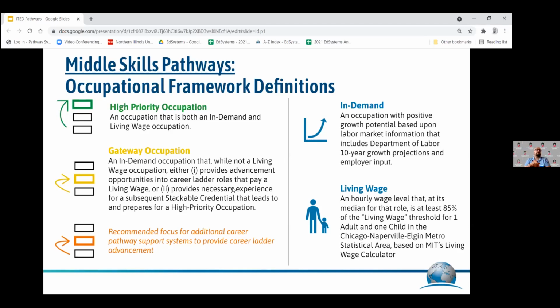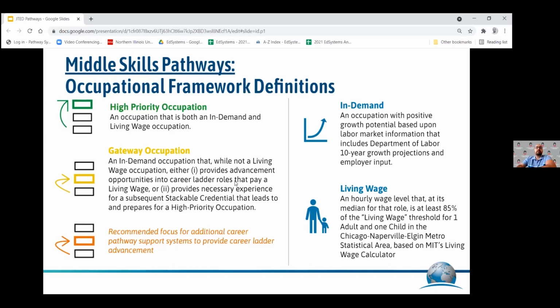So an example of this was certified nursing assistant, right? There's always a demand for certified nursing assistants, but they don't earn much. But we felt that starting as a nursing assistant was worthwhile because it introduced you to the career trajectory of a nurse. And it's something you should definitely be exploring and confirming for yourself if someone wants to continue on that pathway. And it was a very common occurrence for those in a bridge program to explore nursing as well, right?